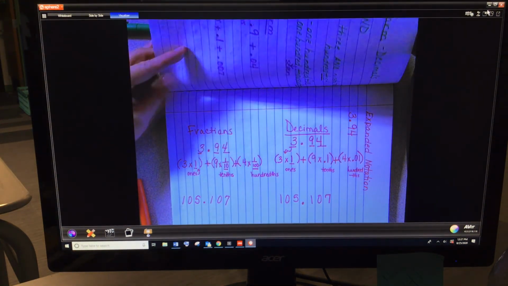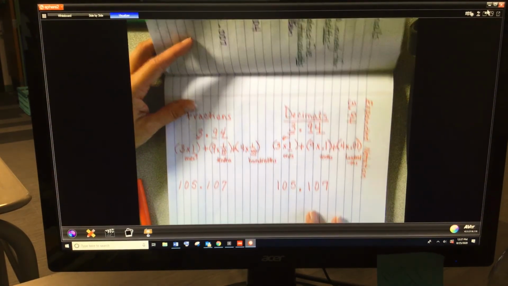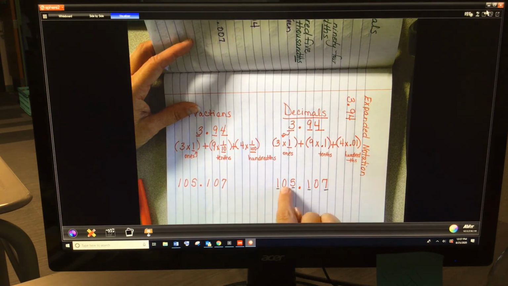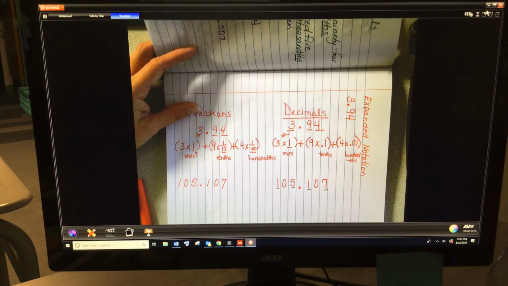All right, so let's go back and look. How can we determine how many parentheses we're going to need? Well, how many values are actually values that are not zero? So we can count 1, 2, 3, 4. Now these zeros are important because they're placeholders. They're telling us we have 0 tens and 0 hundreds. But when we write them in our expanded form or expanded notation, we just don't use them.